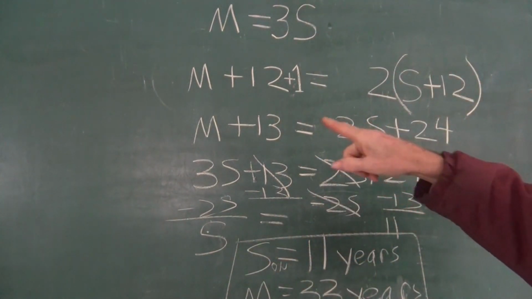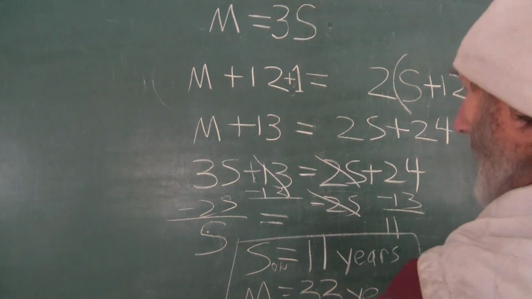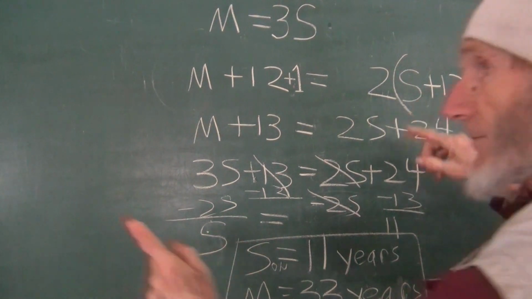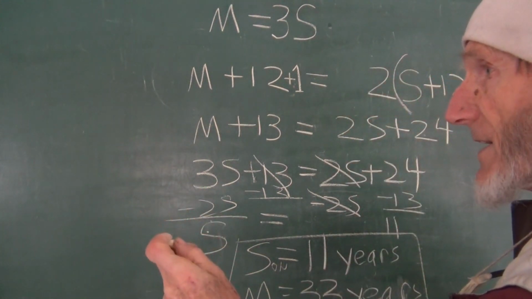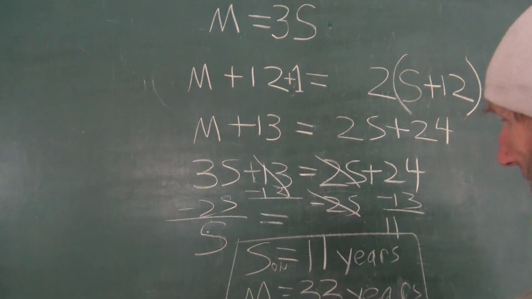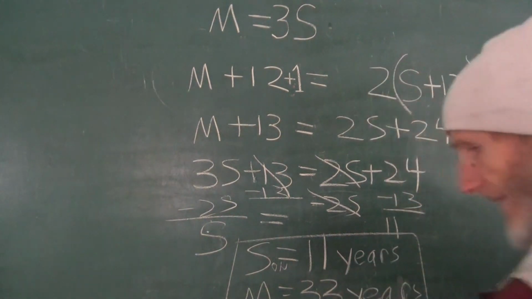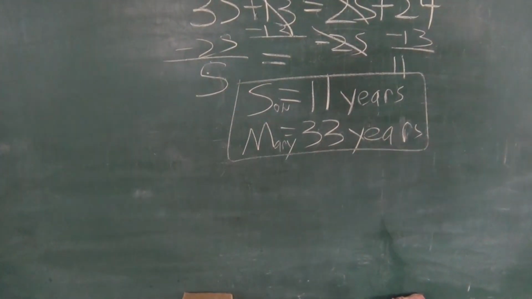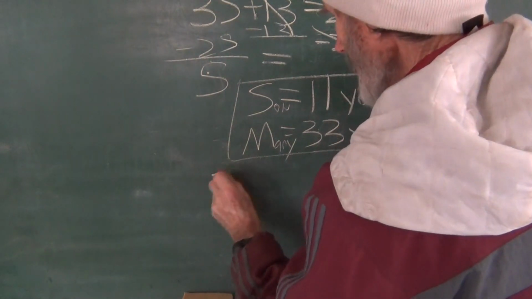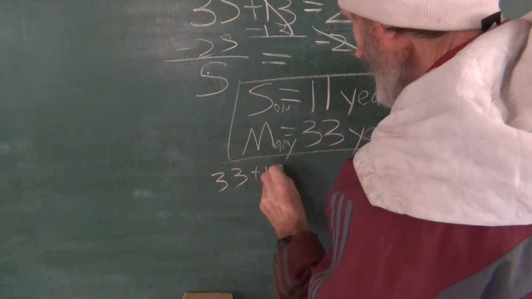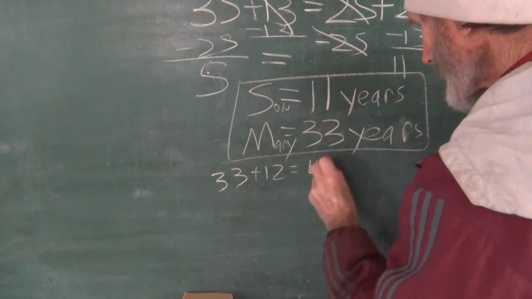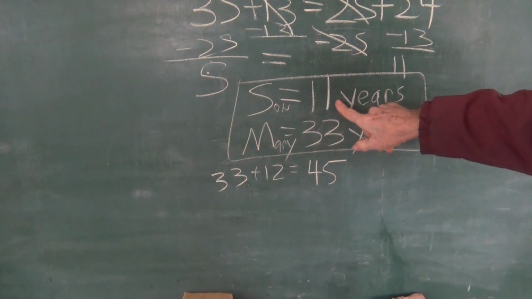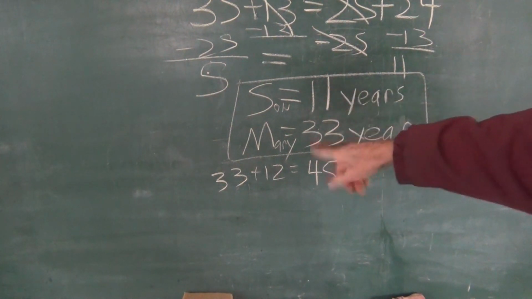And now we have to do this other one here, where we plug in 33 and 11. What we're saying is Mary's age in 12 years. Well, Mary's age in 12 years is going to be M plus 12, which is 33 plus 12. That'd be 45. Now, of course, the son's age in 12 years is going to be 12 more than 11.